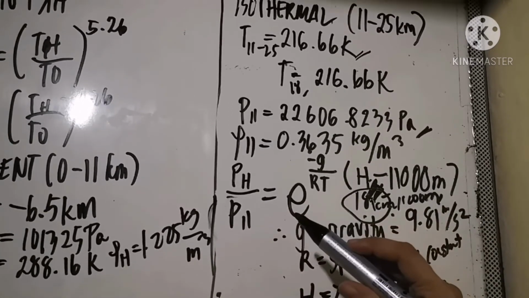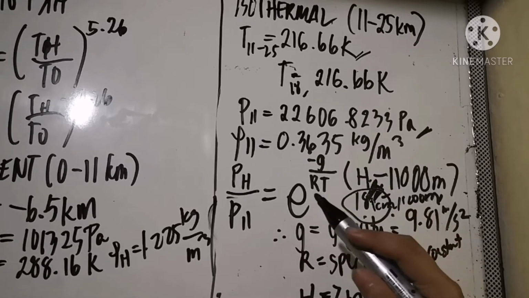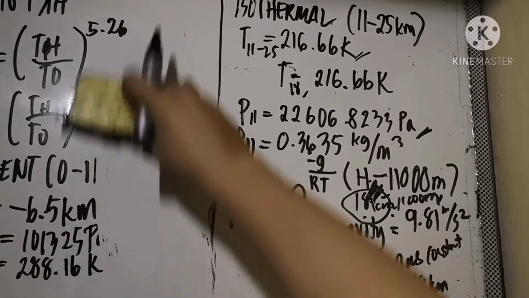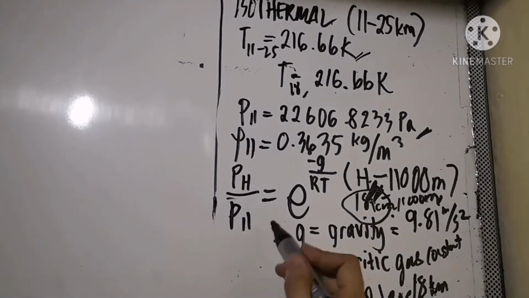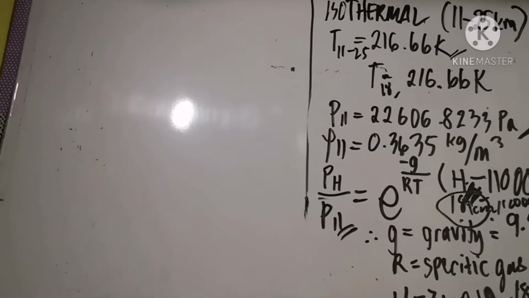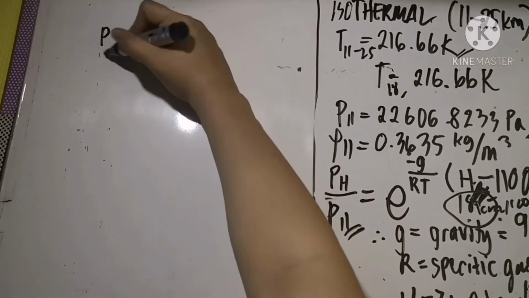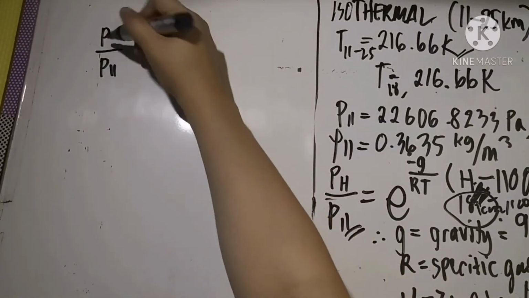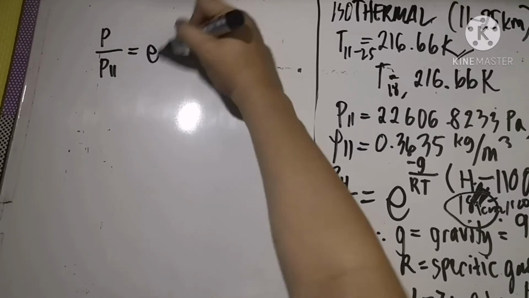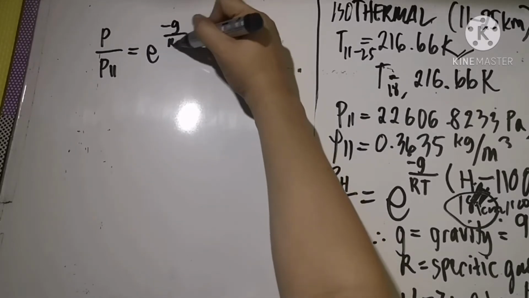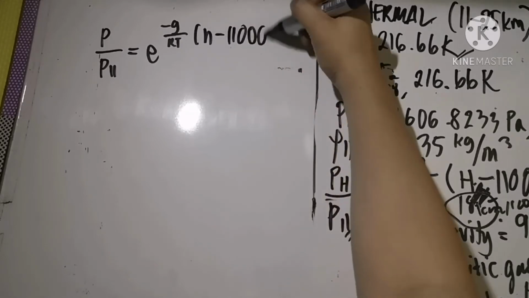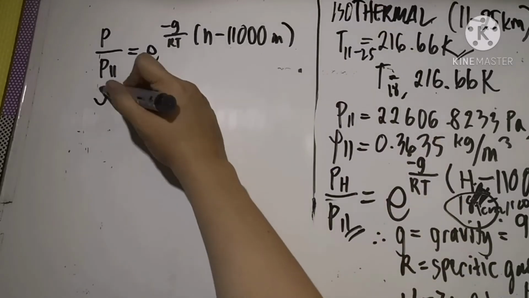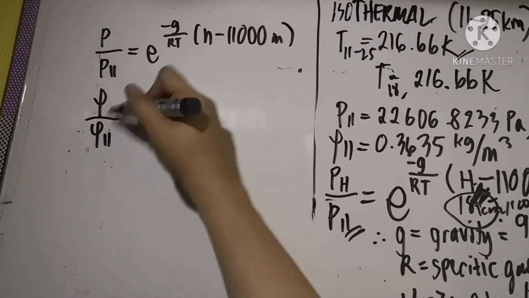Also, pagdating naman sa density, same formula. Mag-iba lang tong nasa ilalim. So, kung ang formula ng pressure is E raised to negative G over RT times height minus 11,000 meters, ang formula naman ng density ay same lang.